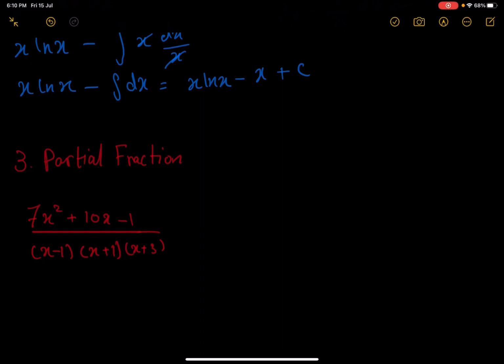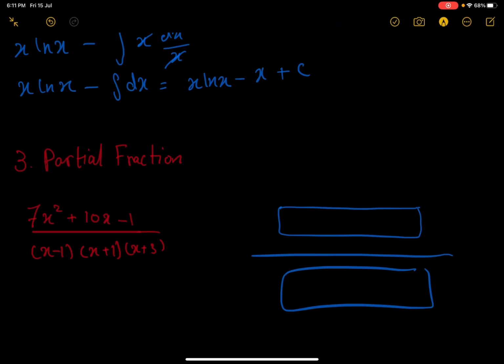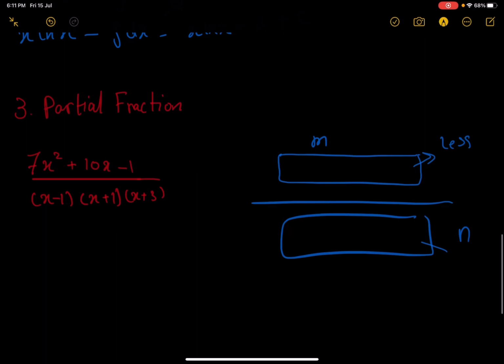We use partial fraction in case we have a polynomial divided by a polynomial. If the numerator has degree m and the denominator has degree n, then n should be greater than m to use the partial fraction.